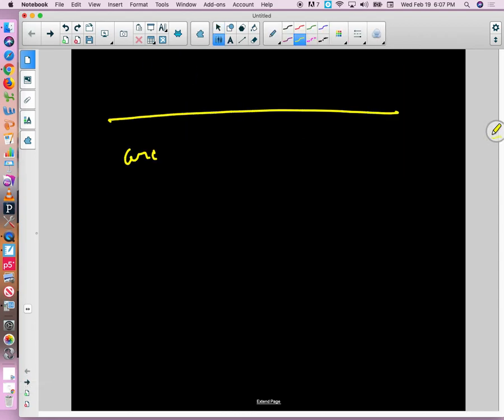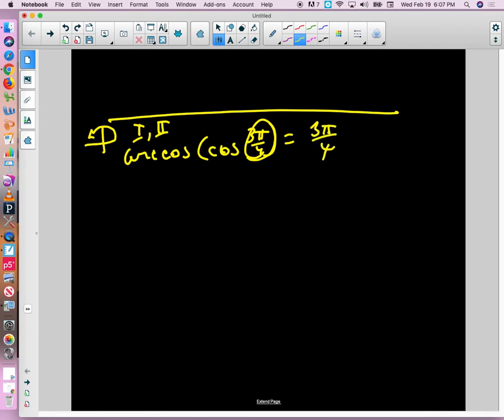All right, now how did I know that was this? If I have arc cosine or inverse cosine of the cosine of 3 pi over 4, arc cosine can come from quadrants 1 and 2, going this way, and this is in one of those quadrants, so the answer is 3 pi over 4.